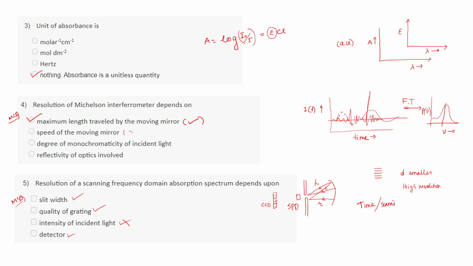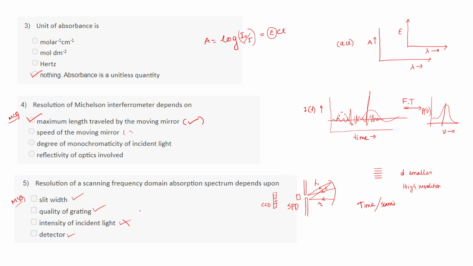If the CCD detector is there, I think Sir has discussed that if more light falls into it, the resolution is not that good. The resolution will be good with more megapixels, meaning more number of arrays. Obviously a higher megapixel detector will give good resolution, but for SPD or CCD, it won't affect the resolution that much.